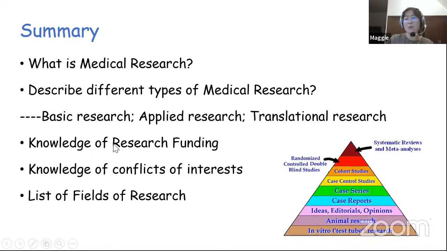And we also learned about different specific types of medical research, including the in vitro study, animal study, case reports, case series, the case control studies, the cohort studies, the randomized control studies, and the systematic reviews and the meta-analysis. After this class, I hope you have a general idea about medical research.